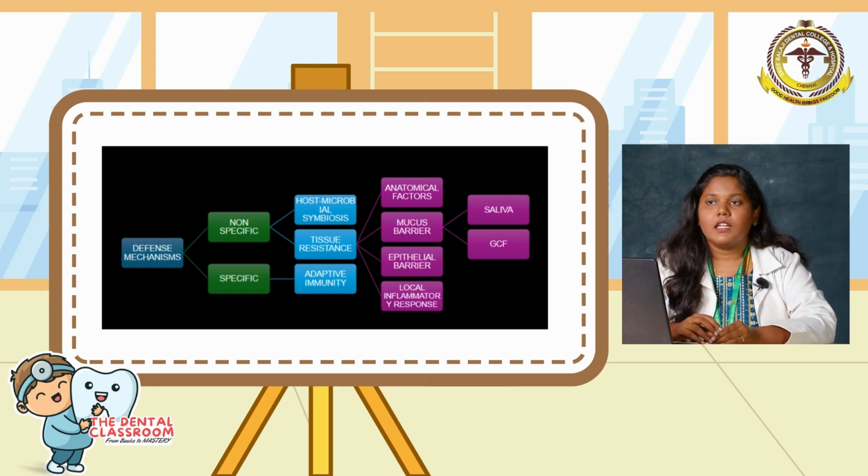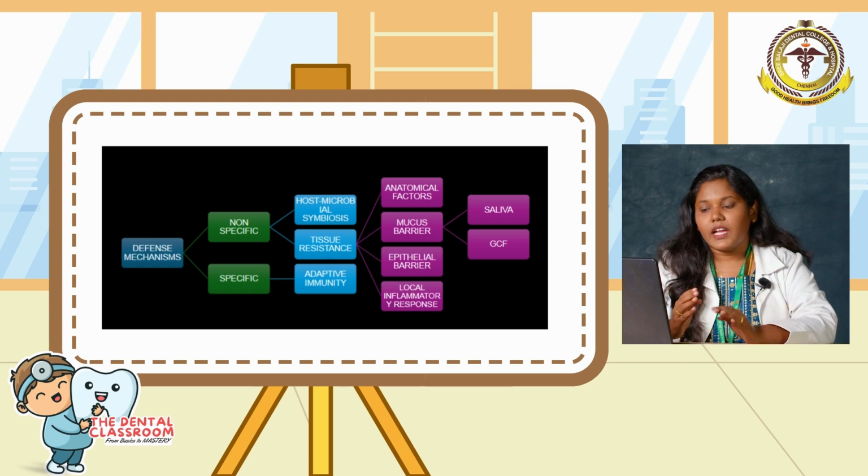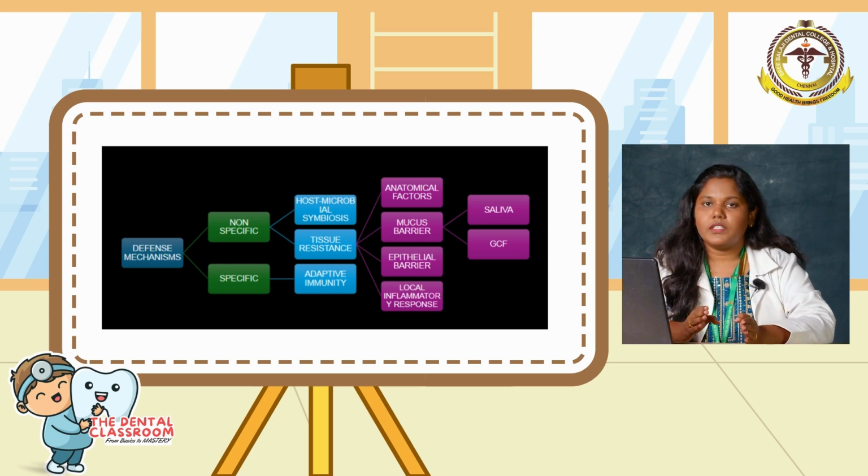As you can see, the defensive mechanisms can be divided into either non-specific or specific mechanisms. In case of non-specific mechanisms, you have host microbial symbiosis, that is the maintenance of homeostasis between the host and the microbial community. And then you have tissue resistance.